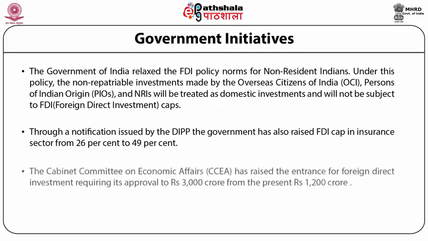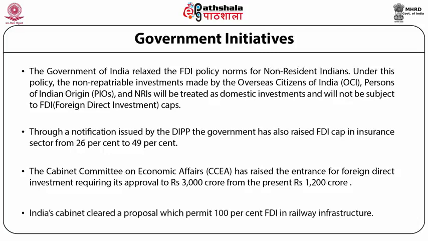Thirdly, the Cabinet Committee on Economic Affairs has raised the threshold for foreign direct investment requiring its approval to rupees 3,000 crores from the present 1,200 crores. Fourthly, India's cabinet has also cleared a proposal which permits 100% FDI in railway infrastructure.